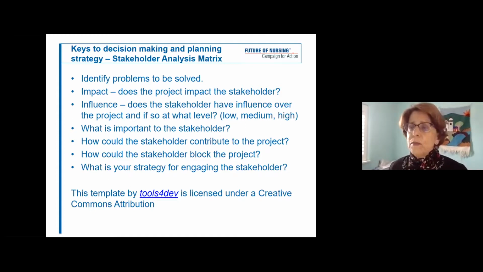Is it low, medium, or high? And what is important to them? So a little bit of what we talked about before. Is it financial? Is it has to do with where the university is in terms of their research ranking? Is it important for them to be a Research 1 institution?